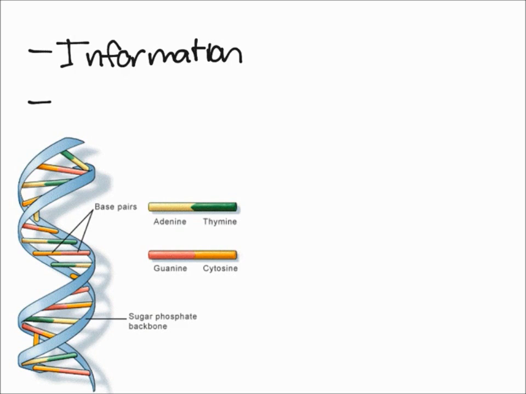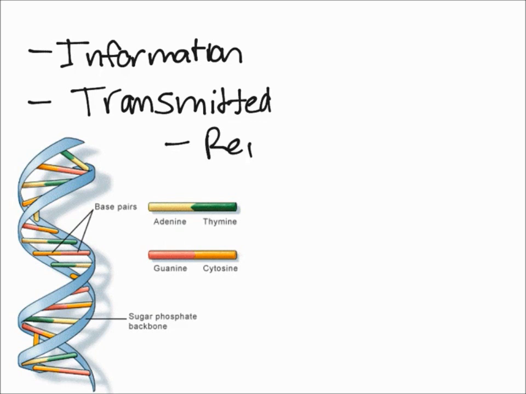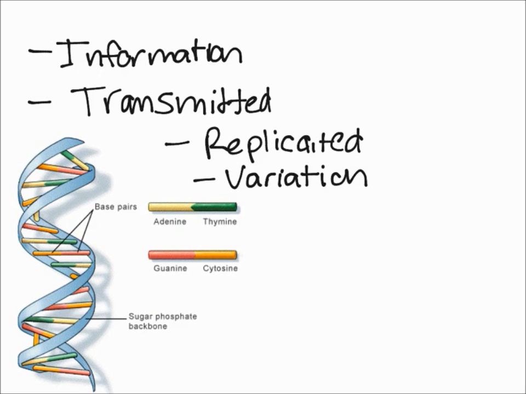The genetic information has to be transmitted from generation to generation, and it has to be able to be replicated, and finally it has to be capable of variation or mutation. So DNA codes for all of your features. The order of the nucleotides essentially codes for all of your features.